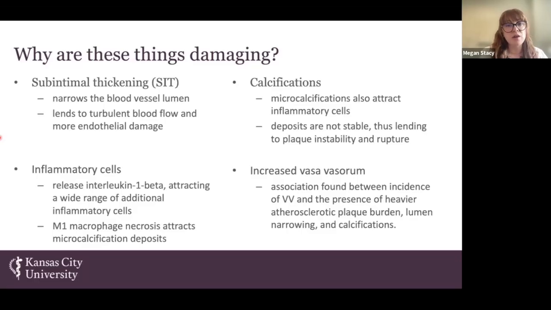And then the increased incidence of vasa vasorum has been found to be strongly associated with the presence of heavier atherosclerotic plaque burden, lumen narrowing, and calcifications. So there's a lot of overlap in how these damage patterns occur and sort of compound on one another.